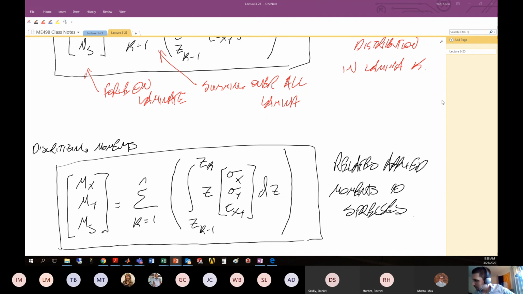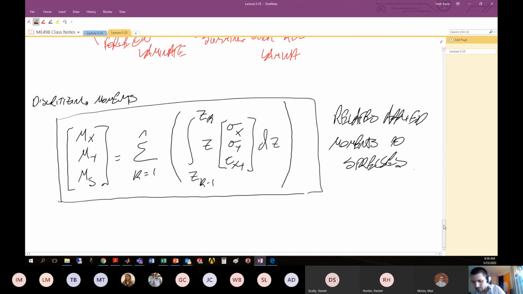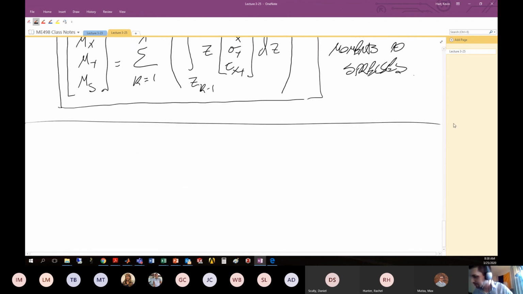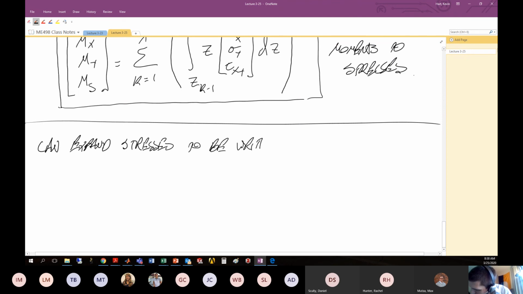So we've only really gotten started with the complication, and that's because, at the beginning of this lecture, we can expand the stresses to be written in terms of the strains.